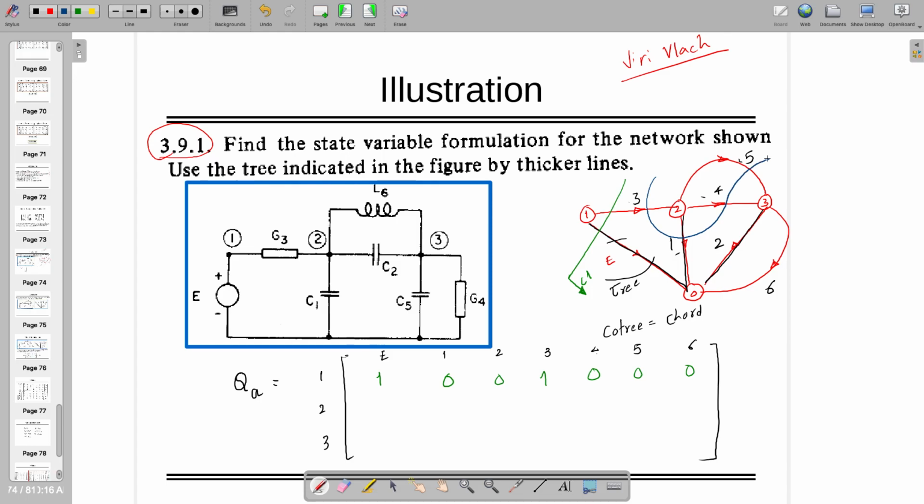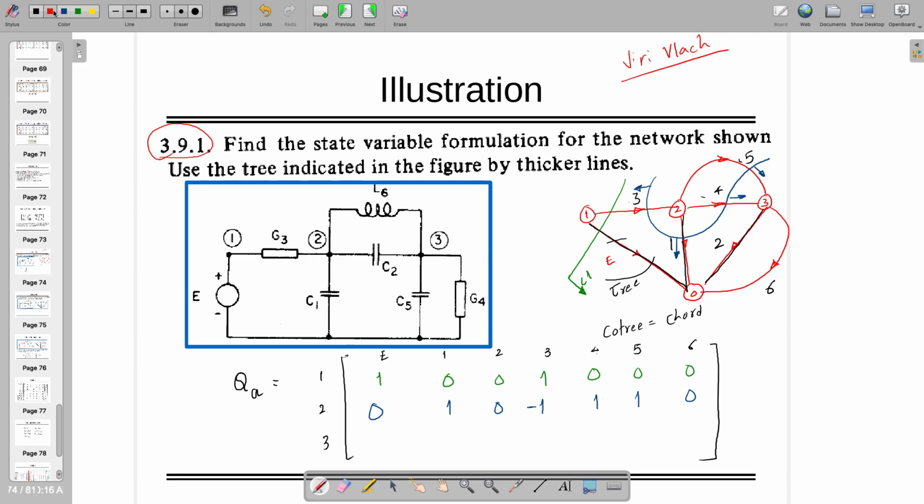Okay, so which direction should I take? Plus 1. Okay, it will be minus 1, right? Yeah. 4 is plus 1, 5 is plus 1, 6 is 0.